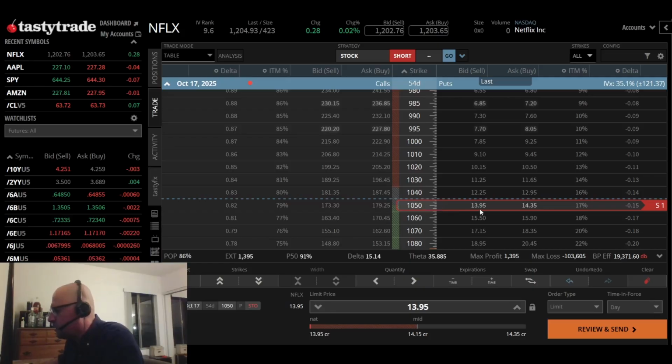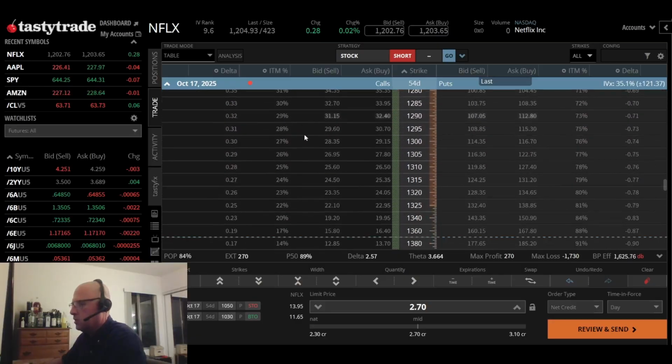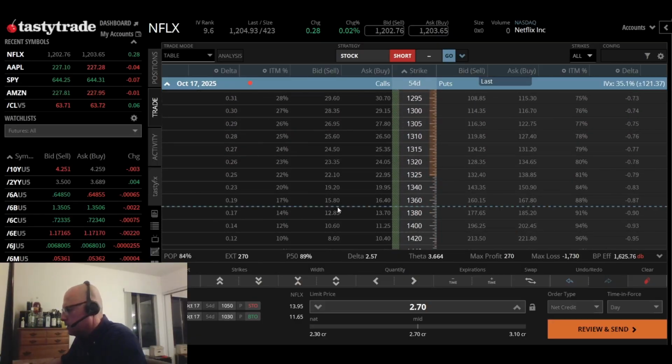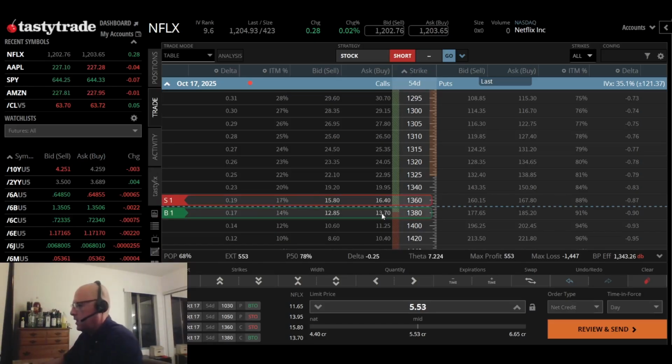So if I sell the 1050, I'd want to buy the 1030. That's my put spread here. Let's go to the call side. Let's sell the 1360 and buy the 1380. Again, $20 wide.